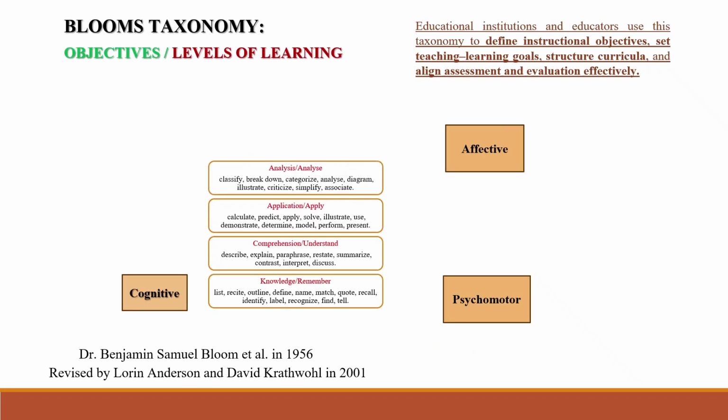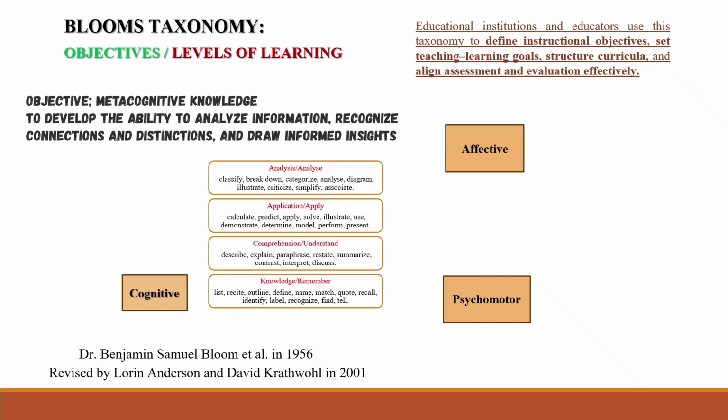Next, the fourth level of the cognitive domain. It is named as analysis in the original version and analyze in the revised version. At this level, the focus is on metacognitive knowledge, which means gaining awareness and understanding of their own thought processes. Here, educators should guide students to break down complex information into parts and examine relationships or identify underlying patterns.